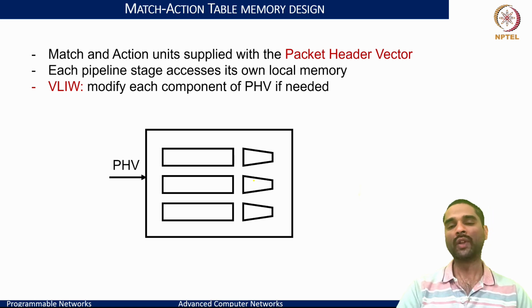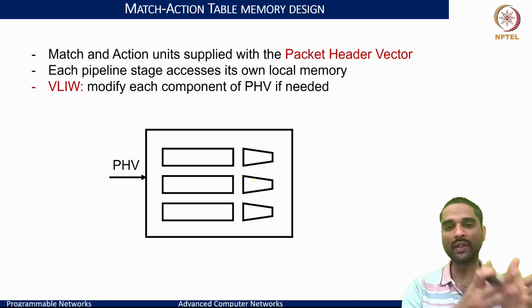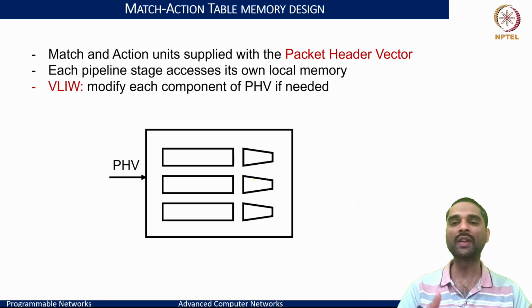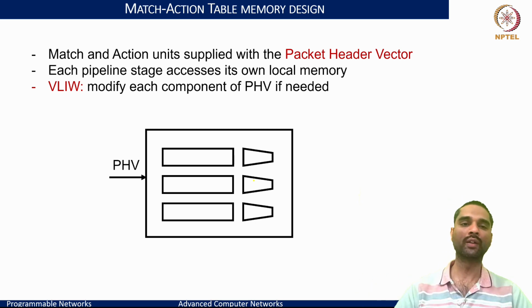And like we said, for each of the match and the actions, the unit is supplied with the packet header vector, which is the manipulation of the packet header that is being extracted. And as the actions are taken, you would have modified header information.